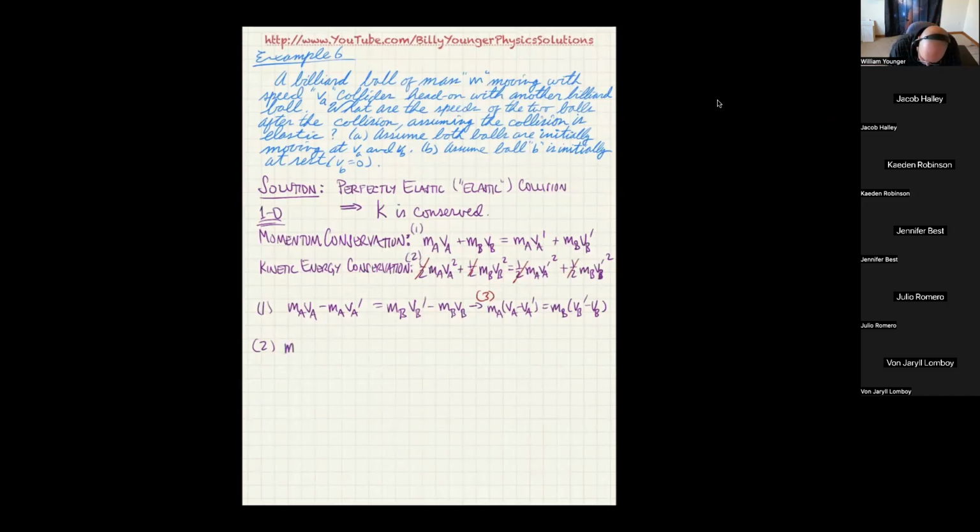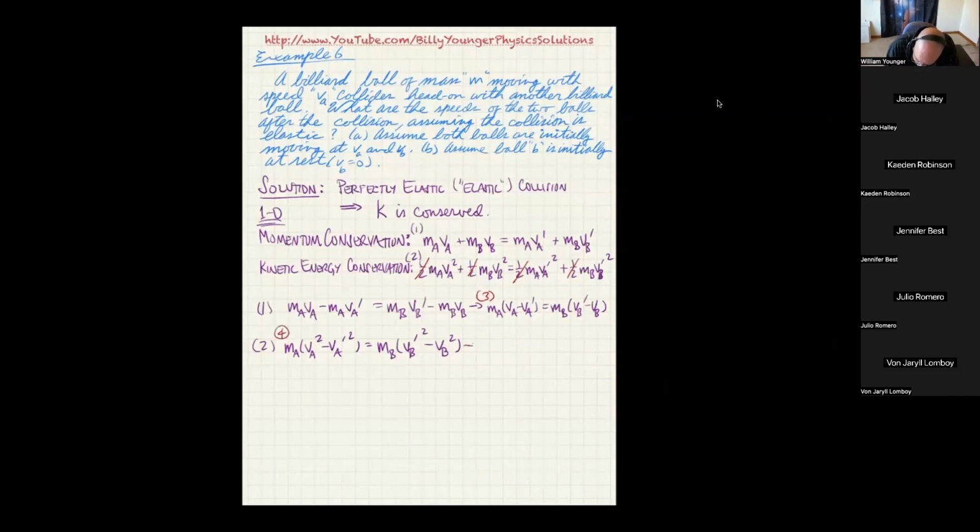So I'm going to have MA times (VA squared minus VA prime squared) is equal to, now the MB on the other side, notice that one's going to have the VB prime first. So I have MB times (VB prime squared minus VB squared). Okay. Let's call this equation 4.